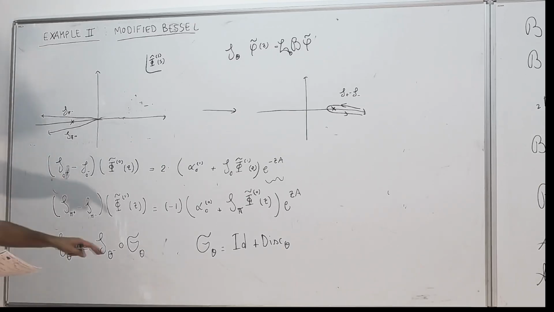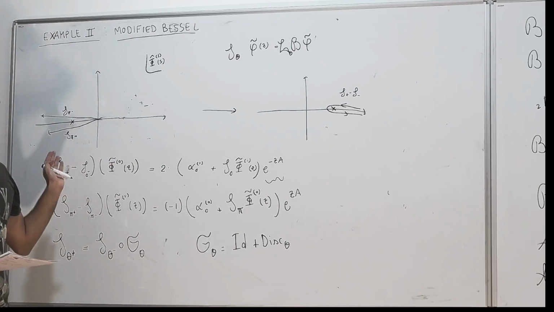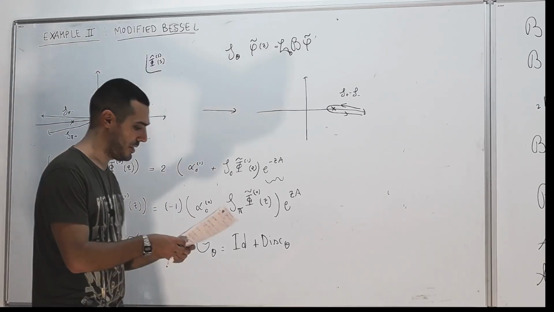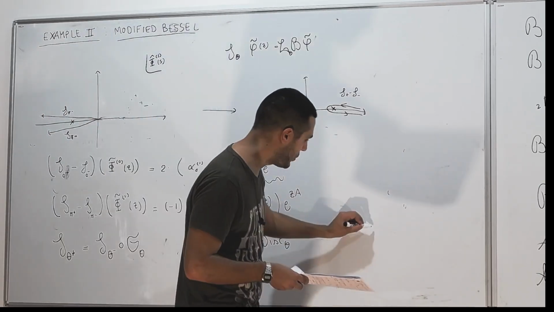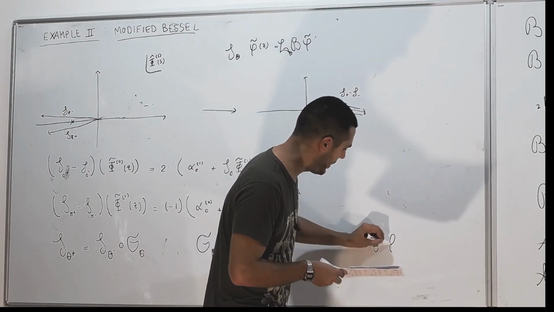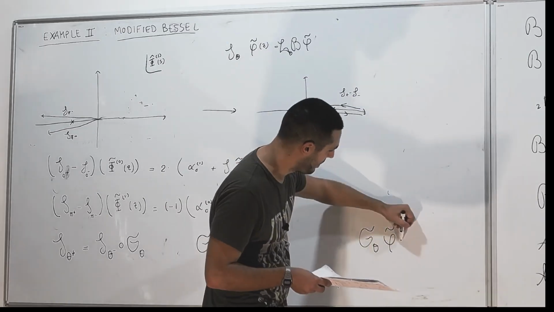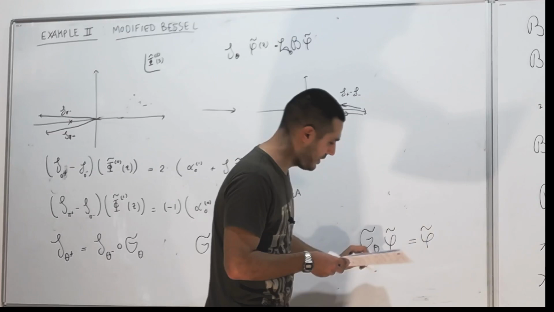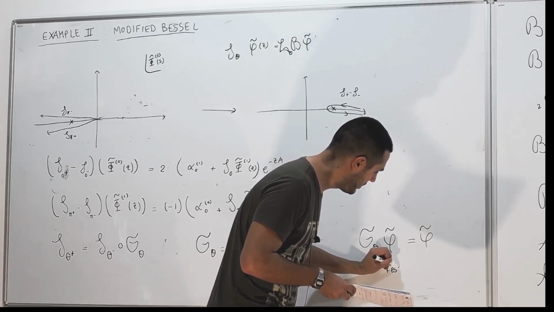It will be 0 for all directions in which we don't have singularities, and then it will be non-zero where we have singularities, or if you will, along Stokes lines. So we say that the Stokes automorphism acting on some phi tilde is again phi tilde if phi tilde is what we call a resurgence constant.